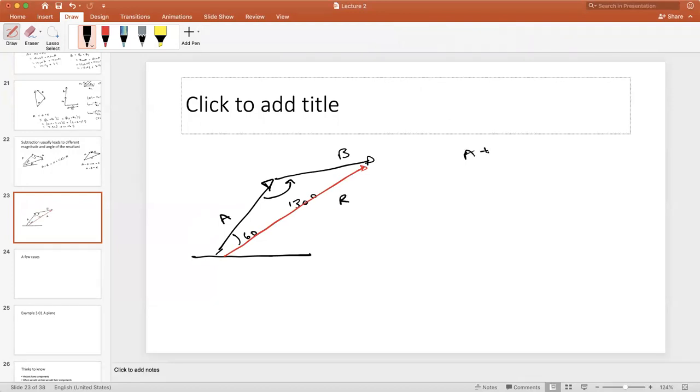Okay, I know that A plus B is equal to R, but now I have a problem because I need to write A of X and A of Y and B of X and B of Y. And let's say A is 1 and B is 2. I don't really care. I just want some numbers to fill in. So this is 1 cos 60, and this is 1 sine of 60.